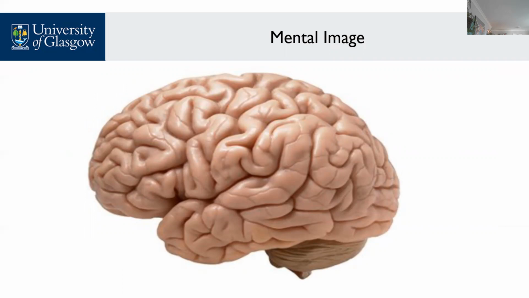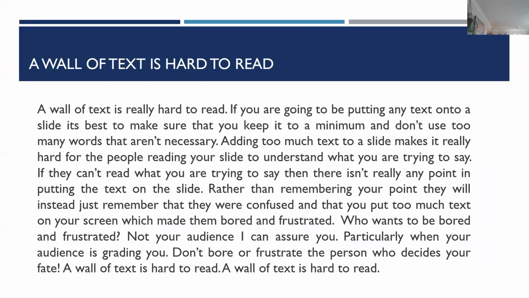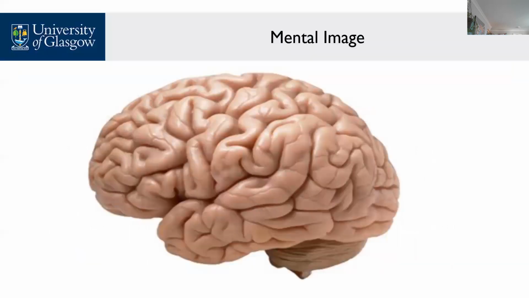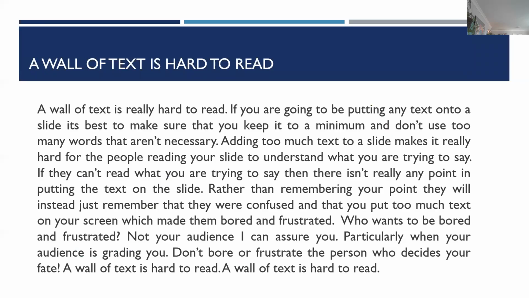That's going to be much more memorable and impactful than a wall of text that they're not actually going to read, and it's going to be really difficult to actually take in easily. If I give you a wall of text, you're just going to remember a rectangle as opposed to a brain. So use a picture in place of text if you can.